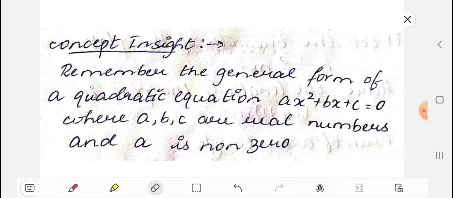Got it? This is what you have to remember. So I would suggest mark it as important and write it somewhere where you can go through it regularly. Done with it?